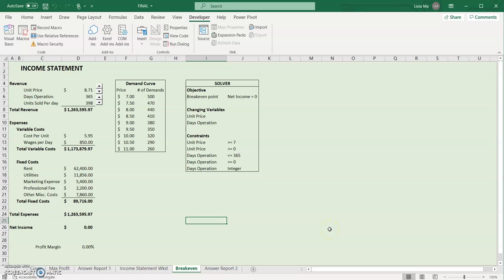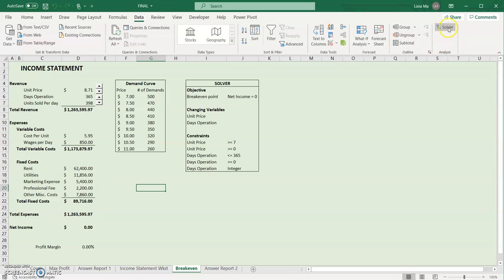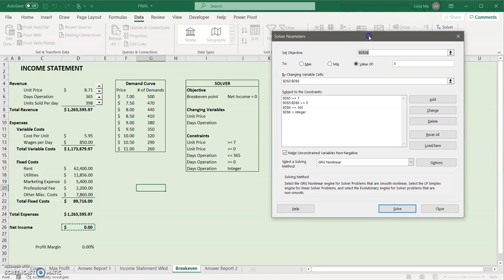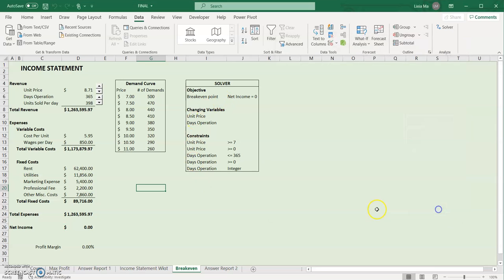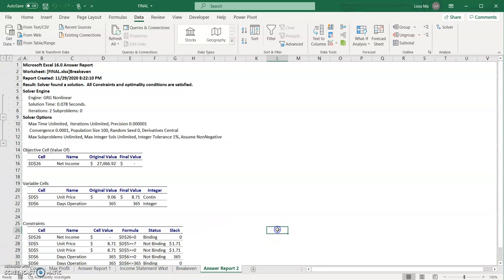Same thing, we'll find the answer by setting up a Solver equation to set the net income, this cell, equal to 0, by changing the variable over here, the unit price, and also putting in some constraints. If we go to Data and then Solver, input all the parameters shown over here and click Solve, we'll get this answer report over here.